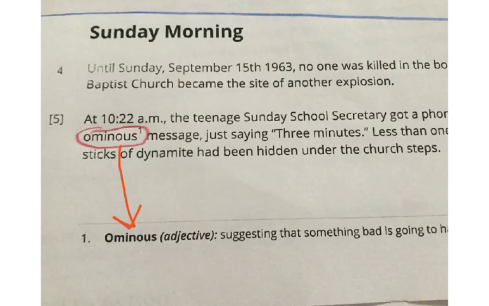I don't need to write the definition because the definition has been provided. The word in this case is ominous, and you can see that ominous is an adjective. That's nice to know because you know that it will describe something, and it does. It describes the message that was received. So ominous, as you can see from the definition, gives the suggestion that something bad is going to happen in the future.